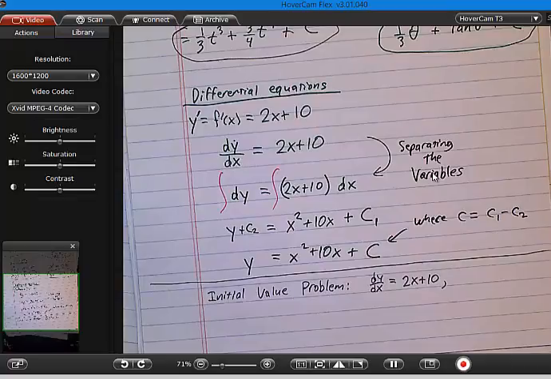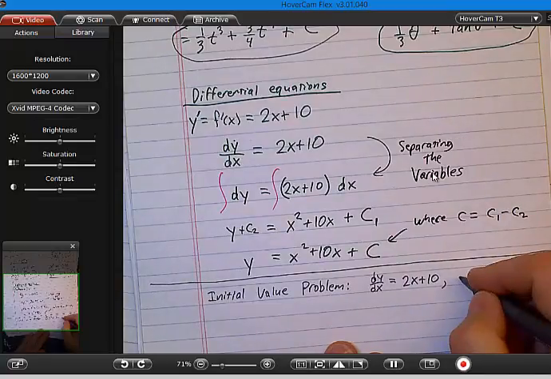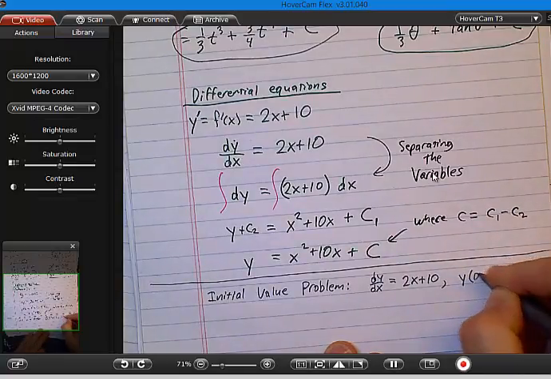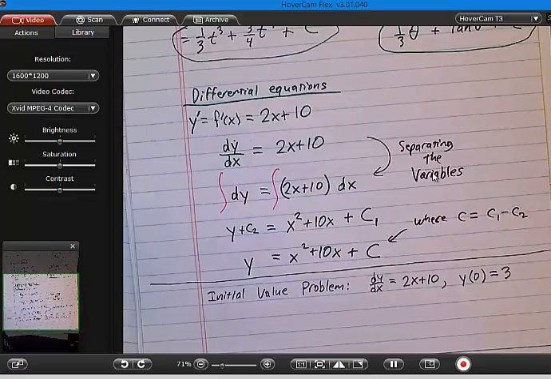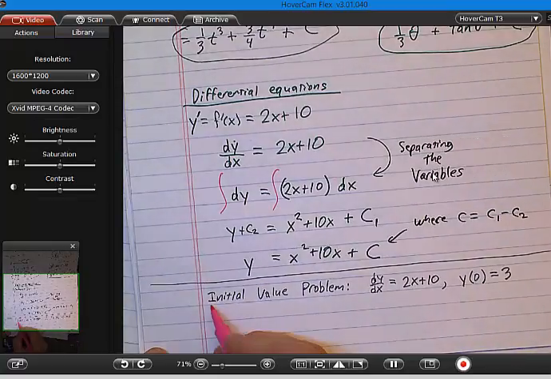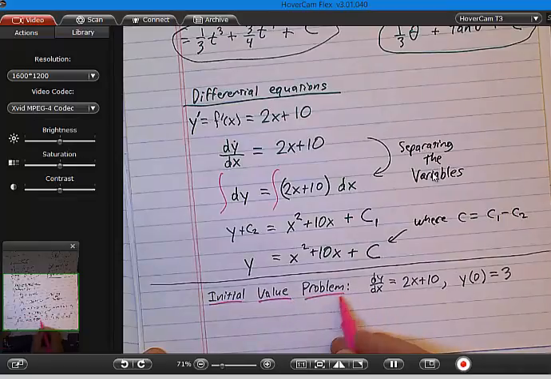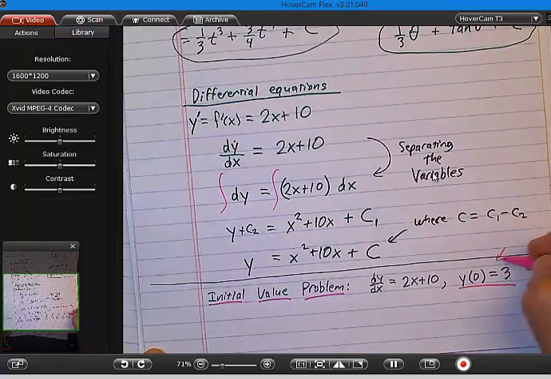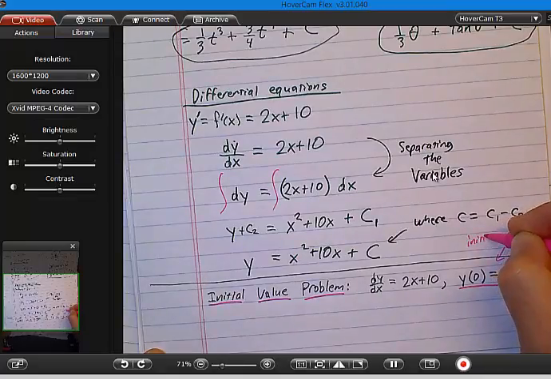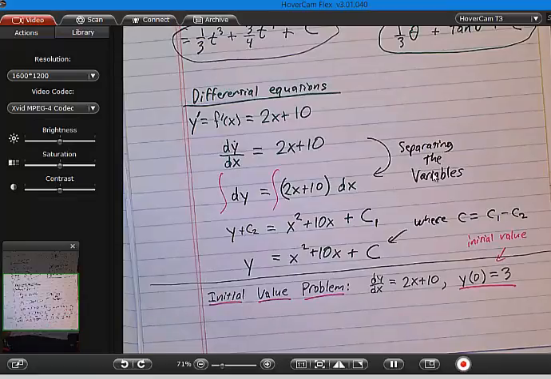And I also tell you, let's say, that y of 0 is equal to 3.